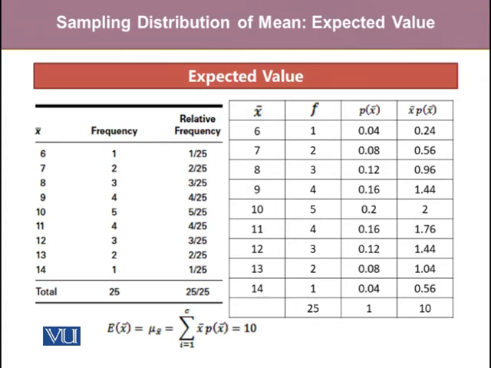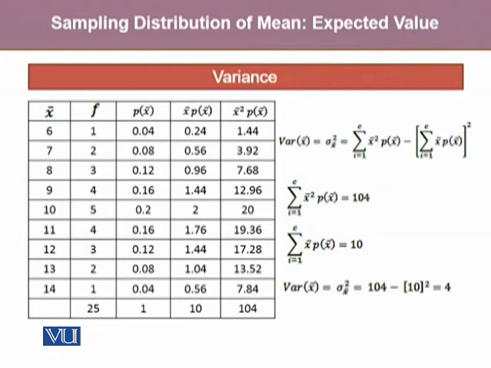We can understand this value as the mean of all possible samples being the same as the mean of the population, which is a very general concept. Similarly, we can calculate the variance.